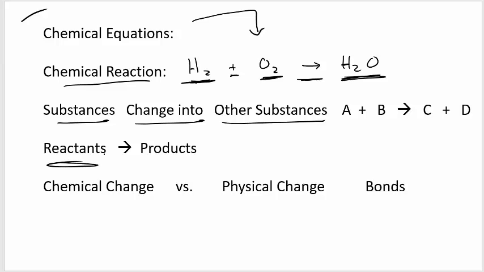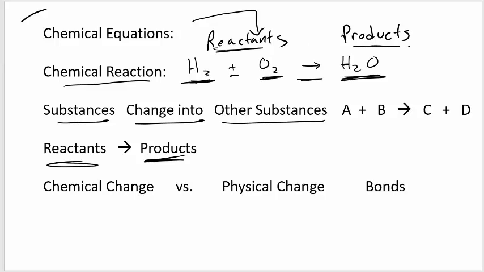So the reactants here are the things on the left side, and the products are the things that we have on the right side. So reactants turn into products. This is what we refer to as a chemical change. Things are being changed into new substances. Physical changes are simply changes to the appearance of the compound.